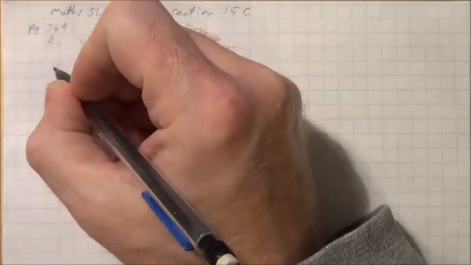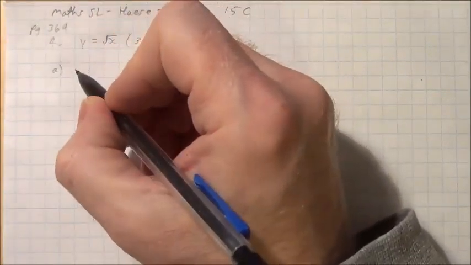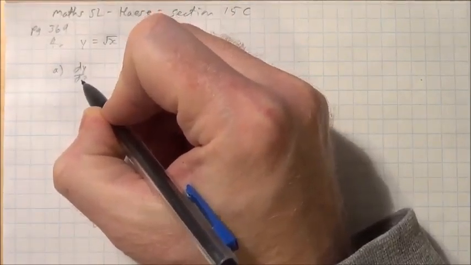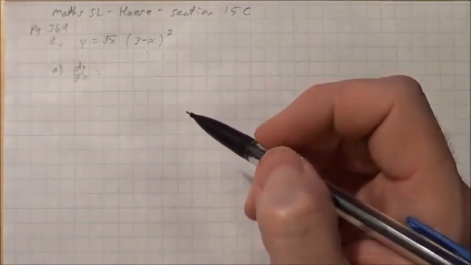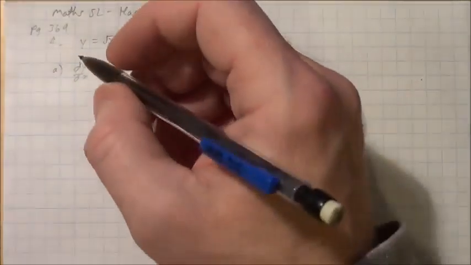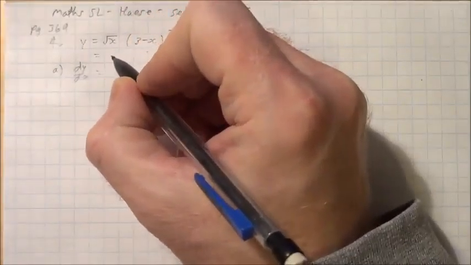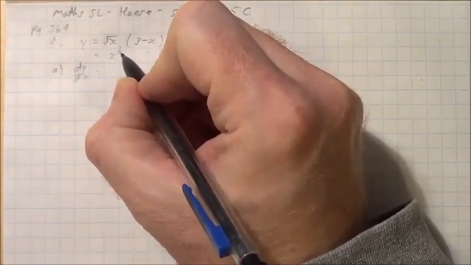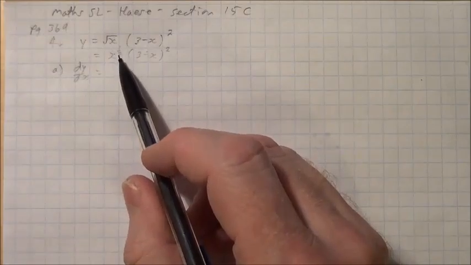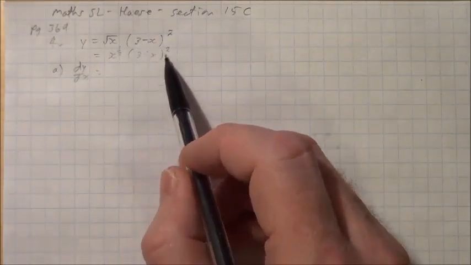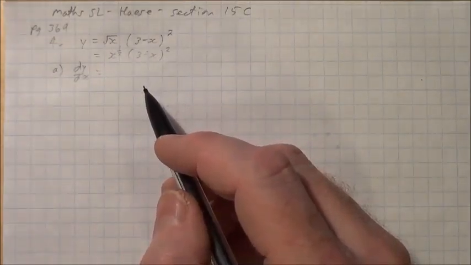So we're going to find the derivative function, the gradient function, by differentiating, and we will use the product rule for this. But first I'm going to rewrite this into exponent form, as I've done in the past. So root x is x to the 1/2, and 3 minus x all squared stays the same.